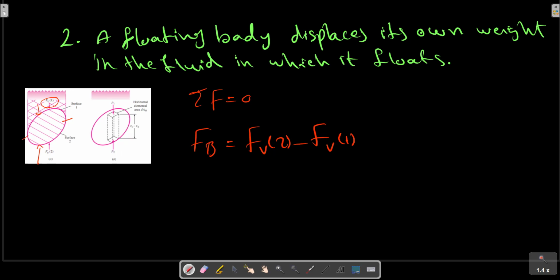We can sum the vertical force on an element vertical slice through an immersed body as the hydrostatic force.